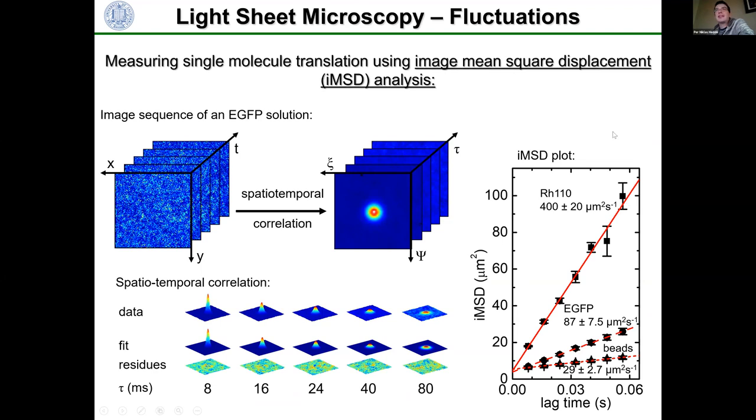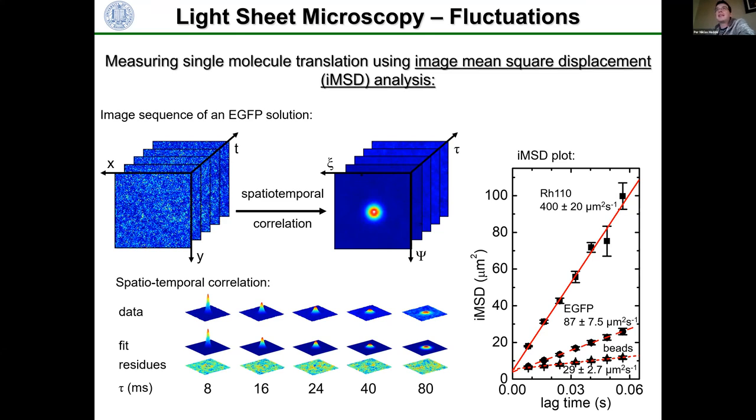Just to reiterate the concept really fast. We acquire a sequence of images very rapidly. In this case, we have camera images and everything is exposed at the same time. So one image by itself does not contain any time structure, as opposed to a raster scanned image, where we can then use RICS to leverage this time structure.